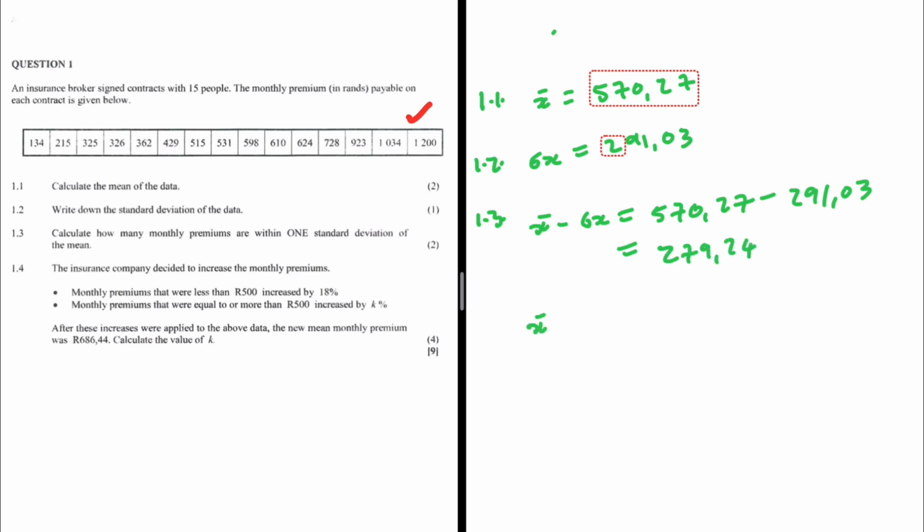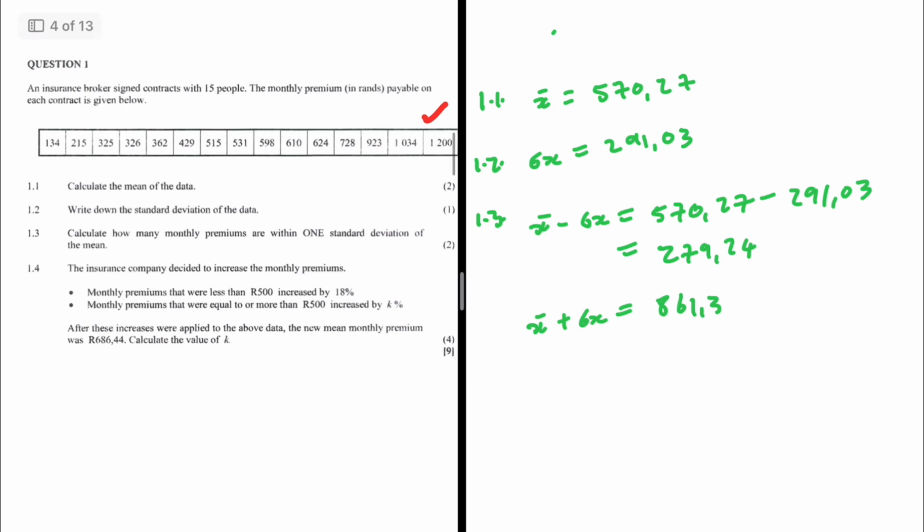And then x bar plus standard deviation. So let me change that minus sign to plus. So this is 861.30, right?